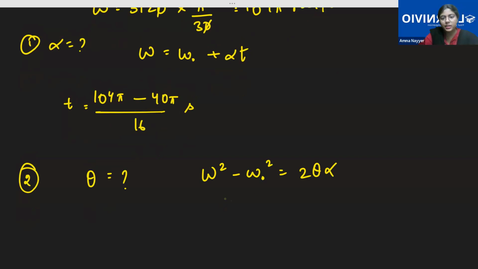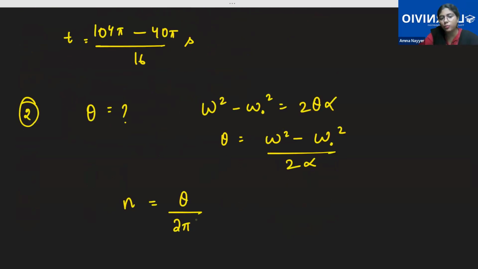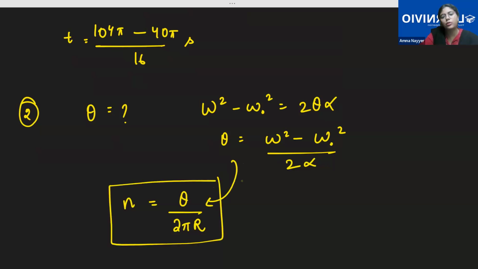So theta will be equal to omega square minus omega naught square divided by 2 alpha. Once you have the value of alpha, remember number of revolutions is theta by 2 pi.